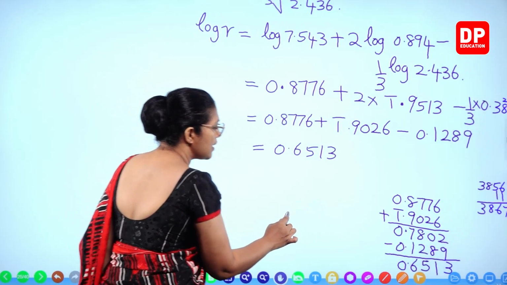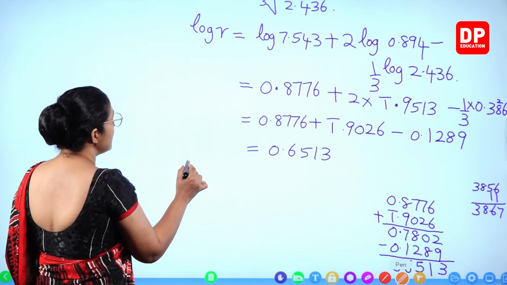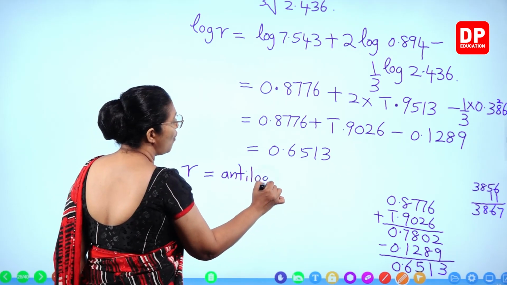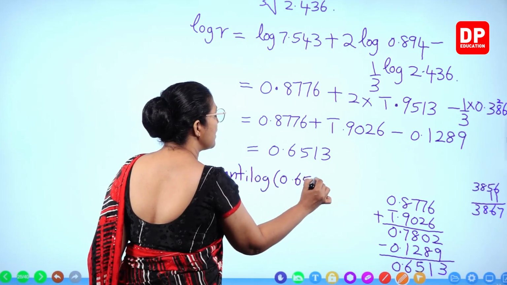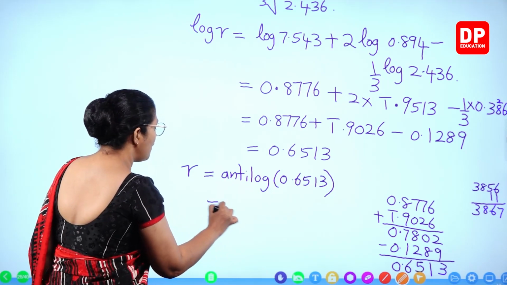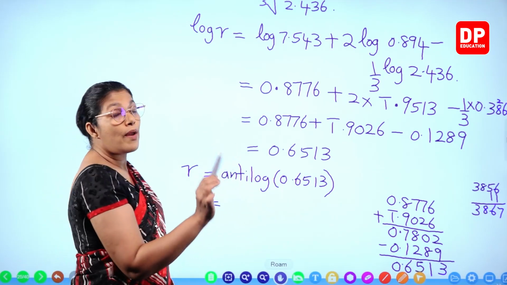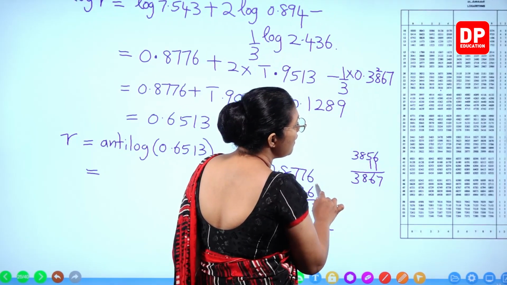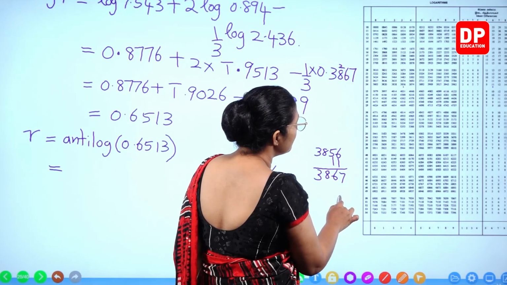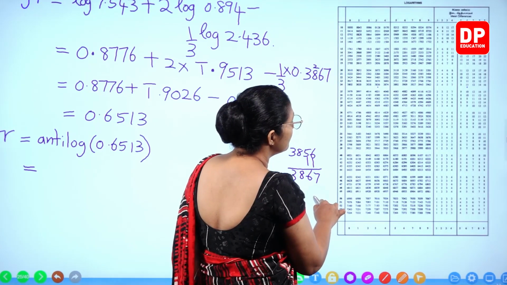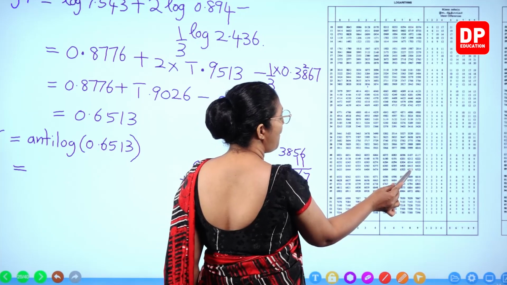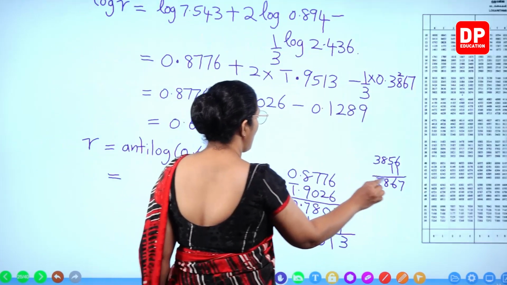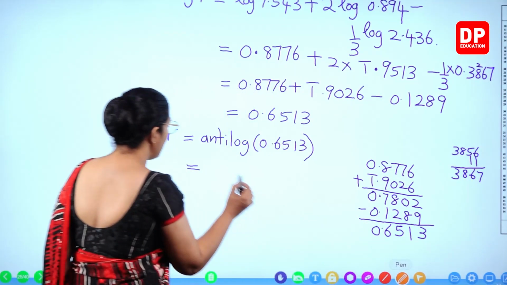Now you have to take antilog to get the R value. R becomes the antilog value of 0.6513. Now you have to refer the log tables and see where you get 6513. Here 6513 is already there. 44, 8 is the value.